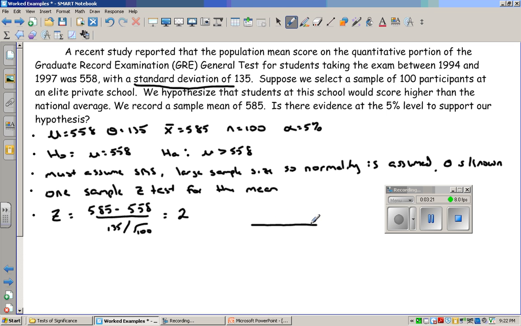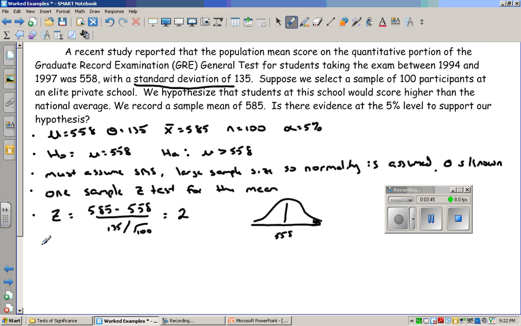So if we draw that on our normal curve, we know that the mean is right there, 558, with a z-score of 2, so 2 standard deviations greater. This is the area we're looking at. Right off the bat, I'm suspecting that this is going to be a fairly small probability.